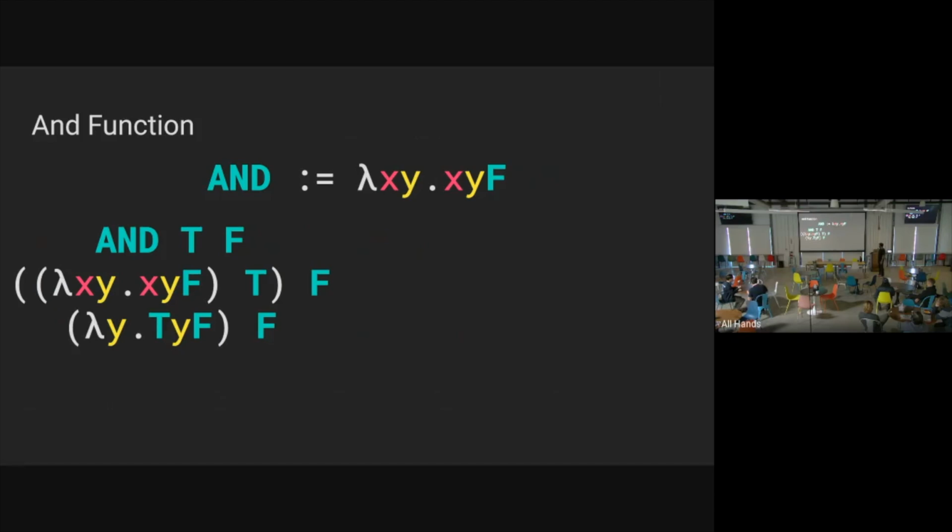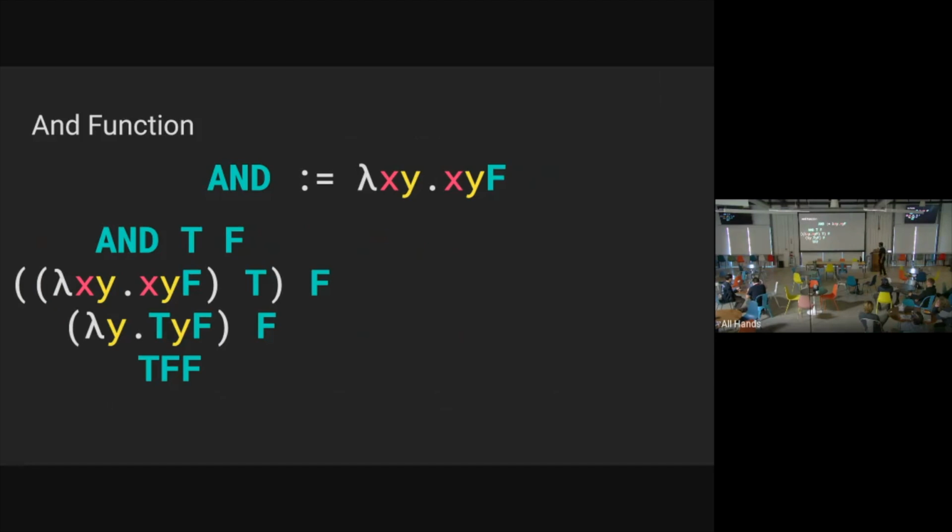And so what we're left with is lambda y, tyf. This x has now become a t, and we have one more input parameter that we need to resolve. Same deal, every occurrence of y, now we're calling this function with f, we want to replace with an f. And so we get tff, okay?